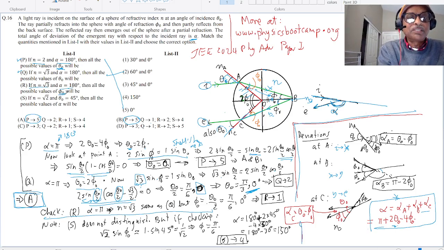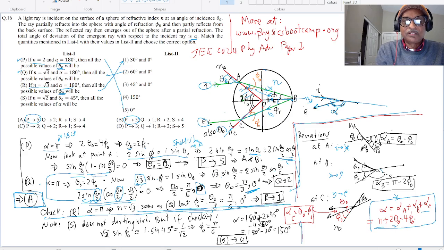This is the same case as Q, but this time we find phi 0, while theta 0 is already found from the work we did for Q. R does distinguish between choices, but S doesn't distinguish between these two choices.